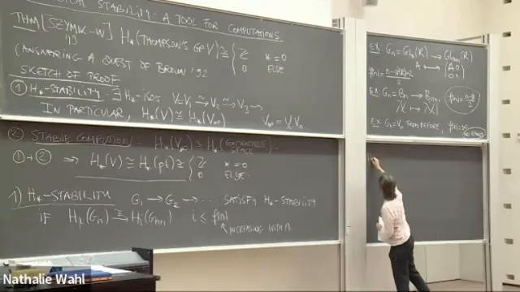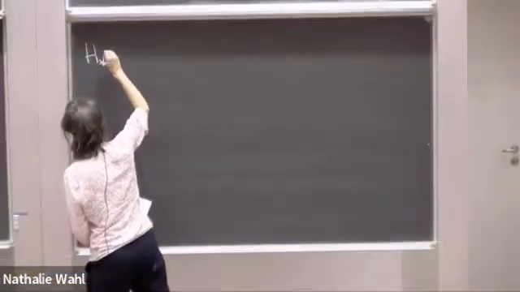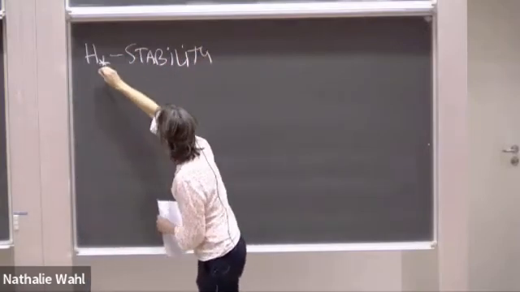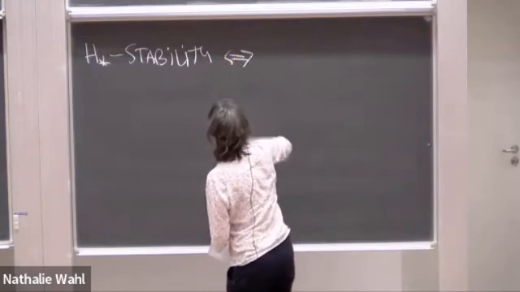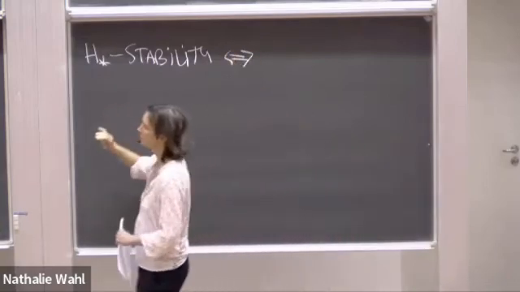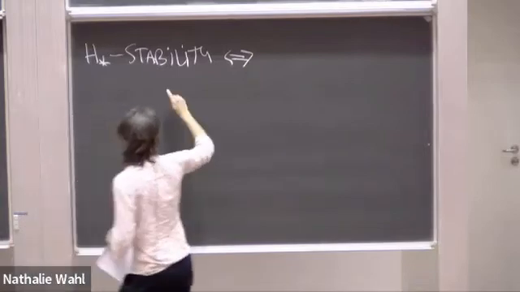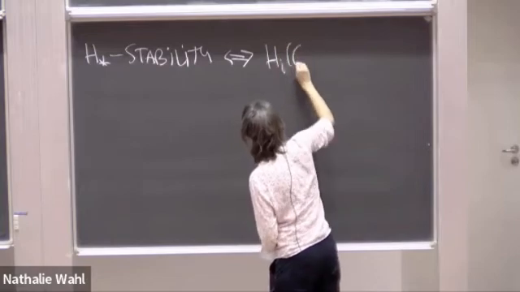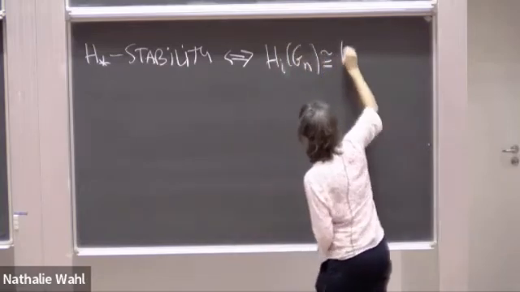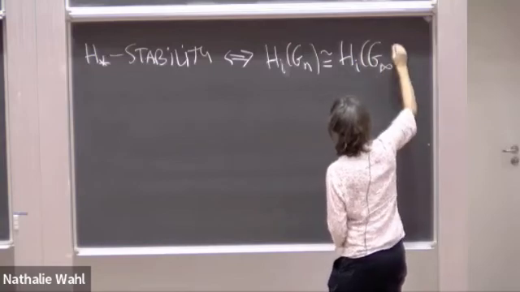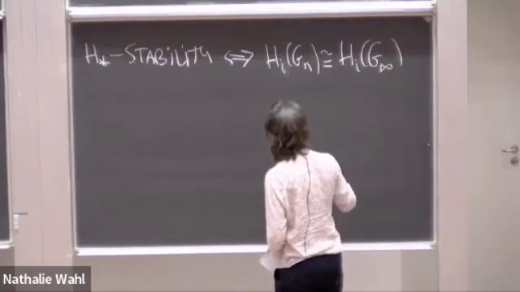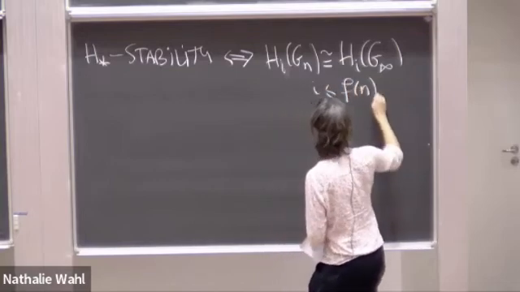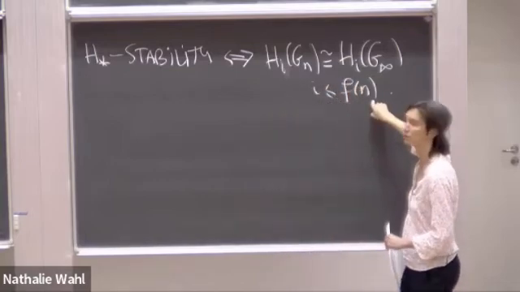So let me say this maybe one more time. Homological stability, I sort of said this in my sketch proof already. Homological stability for a sequence of groups is equivalent to saying that the homology Hi of the group Gn is isomorphic to the homology Hi of the limit group G infinity, in the same range as we had before for this function of n.